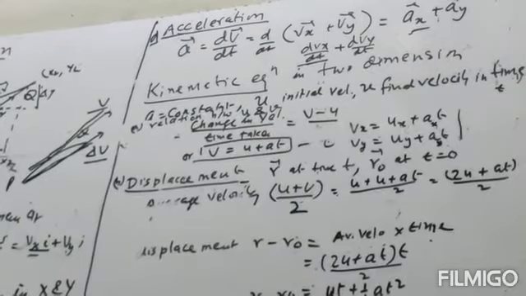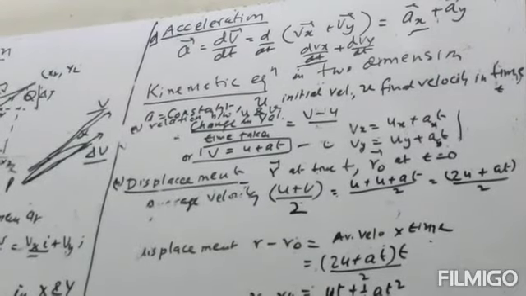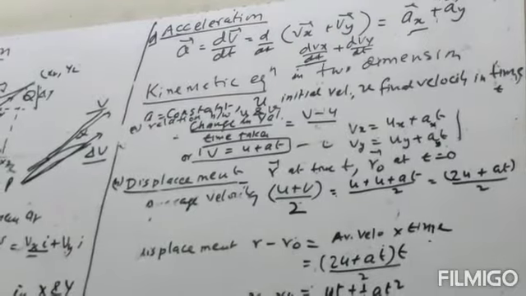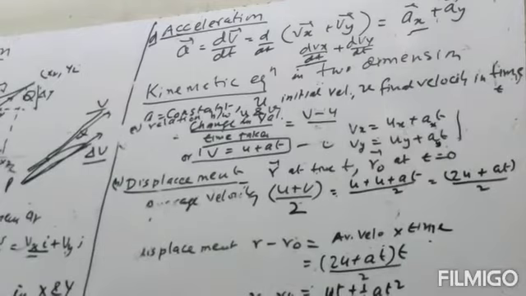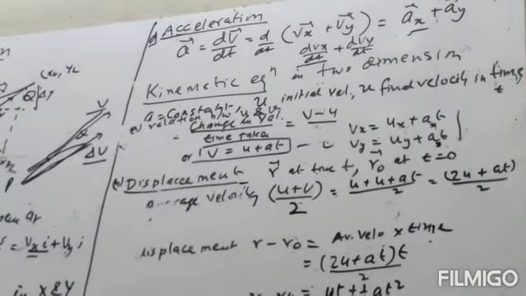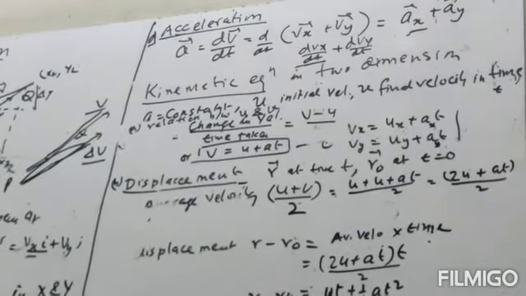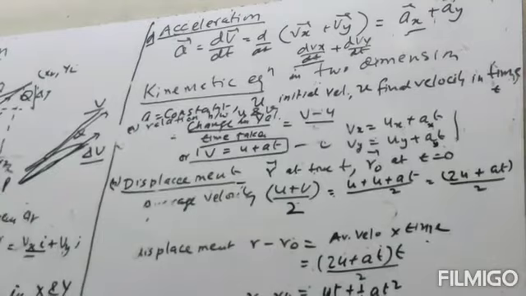So in this way we can say that the quantity, whether it is a displacement, instantaneous velocity, average velocity or acceleration, will be the sum of the two quantities which are in two planes.